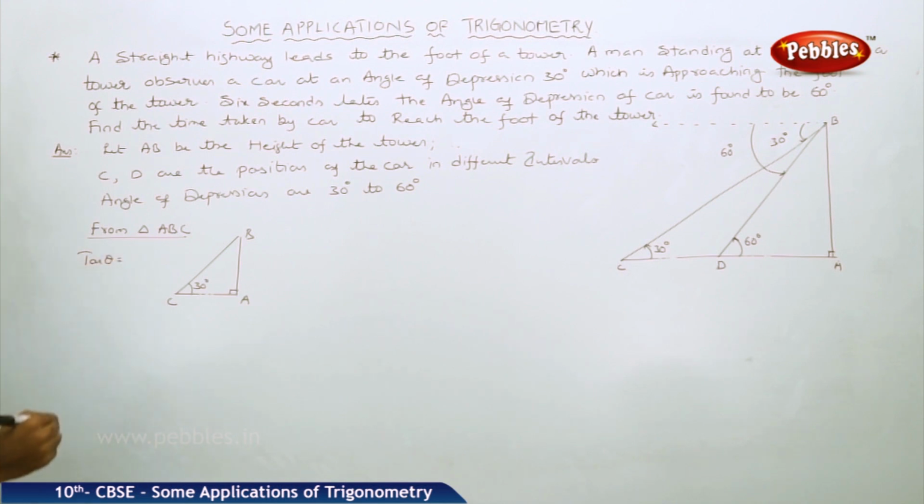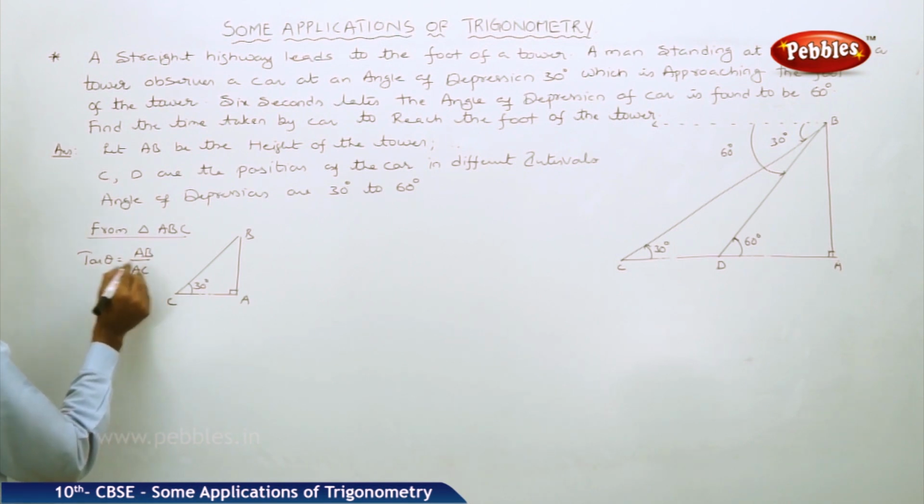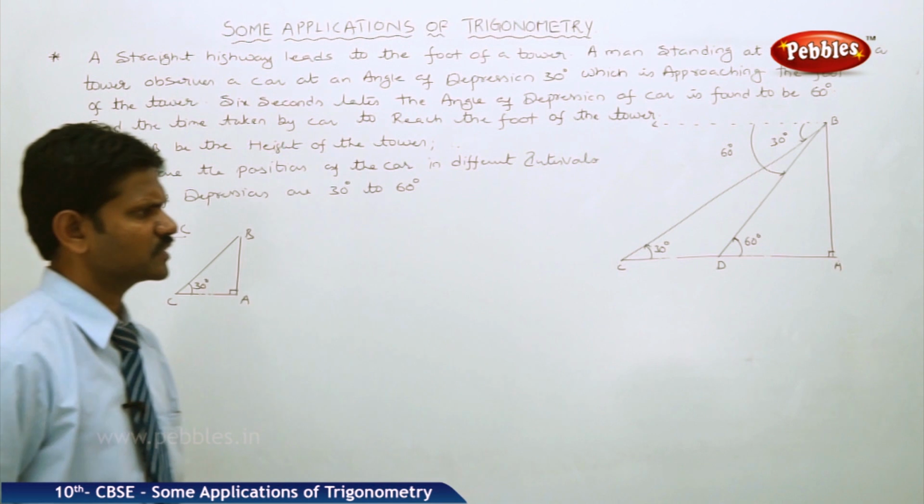Tan theta is equal to opposite side AB by adjacent side AC.